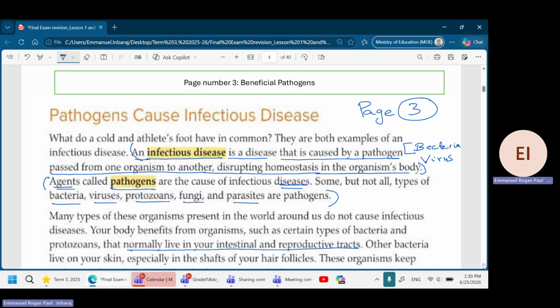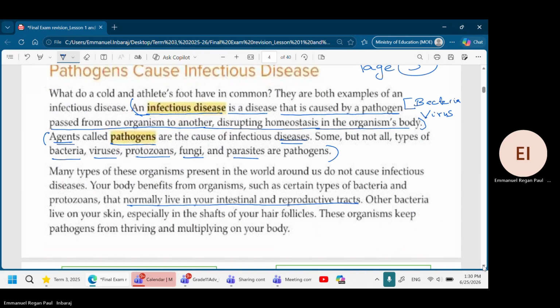Okay. Now, one thing that you should remember: not all the pathogens are harmful. Not all the bacteria are harmful.